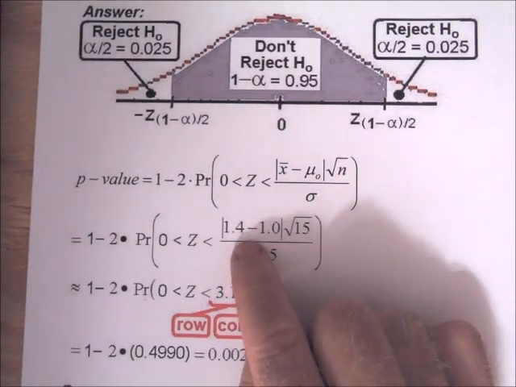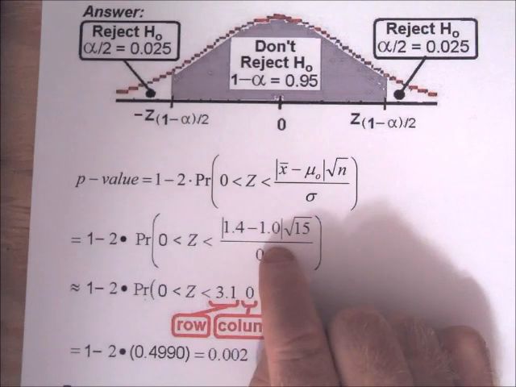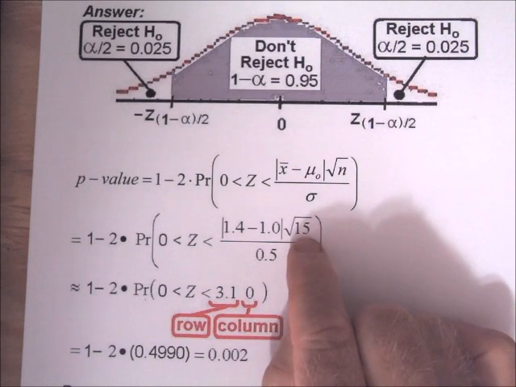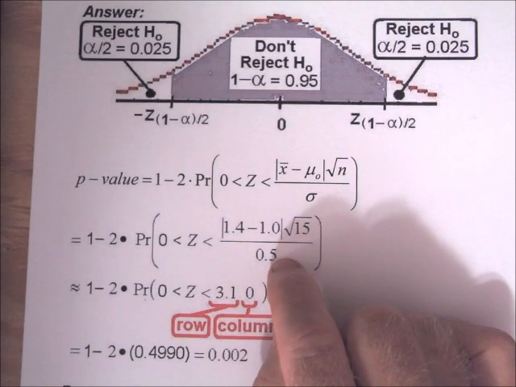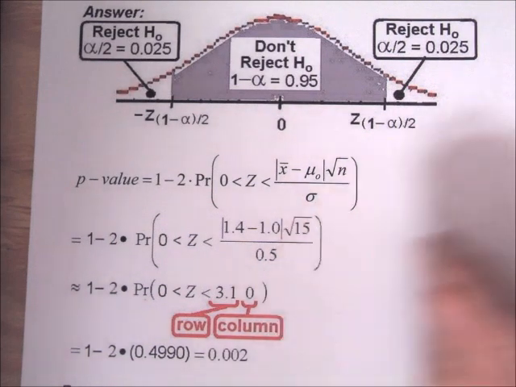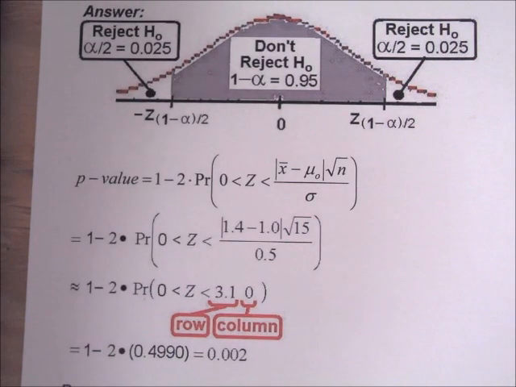If we fill in the numbers, we get 1.4 minus 1.0 times square root of 15 over 0.5, and that comes out to be 3.10. So we look in row 3.1, column 0 of the z table, and it's 0.4990.